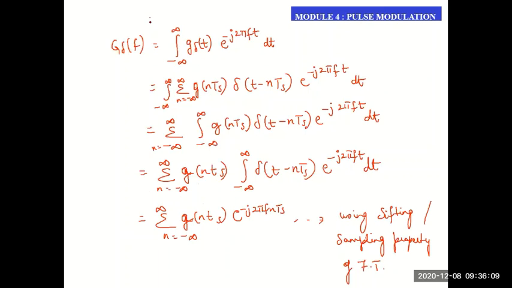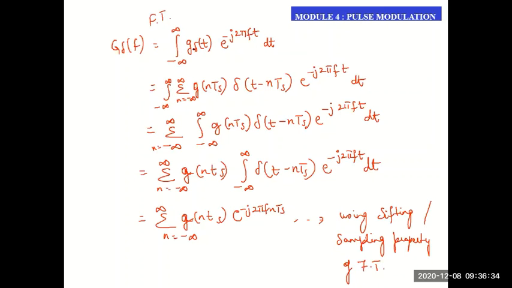The equation for the Fourier transform, all of you please recollect: finding the Fourier transform of any given signal is multiplying the signal with e power minus j 2 pi ft and then integrating it, finding the area under the product curve.